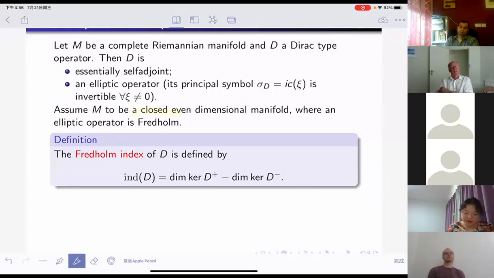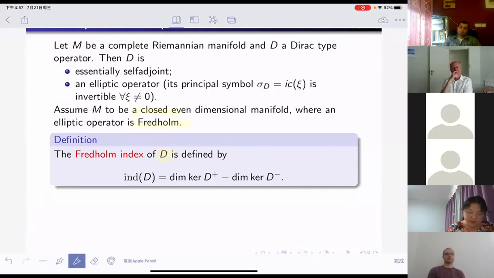For a Fredholm operator, a very nice property is that it has an index. The Fredholm index is defined by taking the dimension of the kernel and the dimension of the co-kernel, and taking the difference.